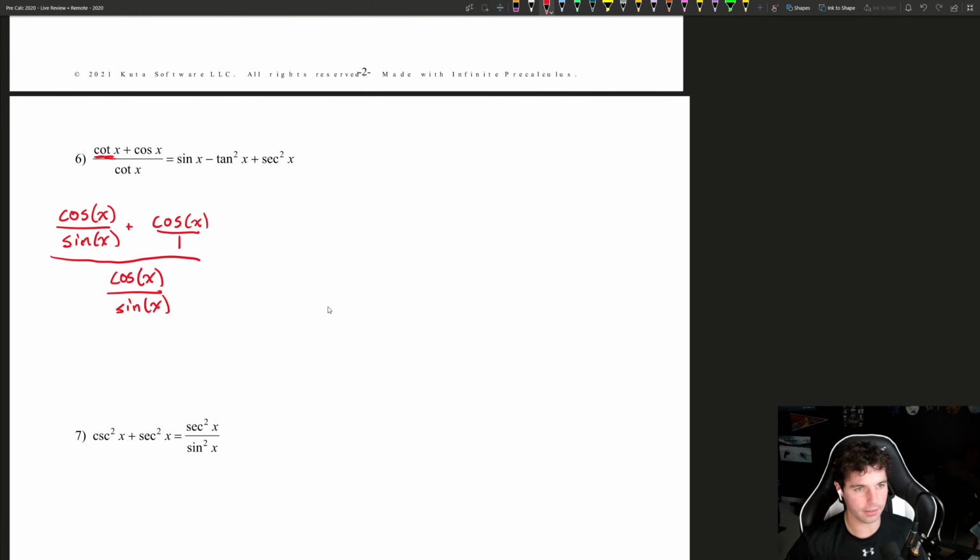This part will come in handy later, at least I think. Okay, so I haven't actually written this one out yet. In order to add these two things, we need a common denominator. So I'm going to multiply the right-hand side of this numerator by sine over sine.